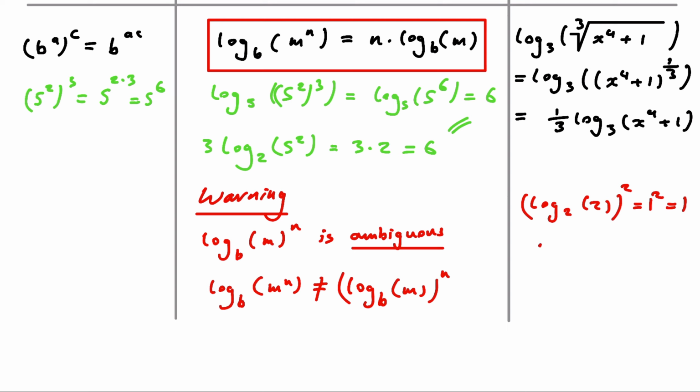But if I was to bring the 2 inside, well, that's log to the base 2 of 4, that's equal to 2. They're not equal to each other. So this is super important. Be very careful when you're doing this rule in particular, right? Don't write this, is what I'm really trying to say, because it's kind of ambiguous.